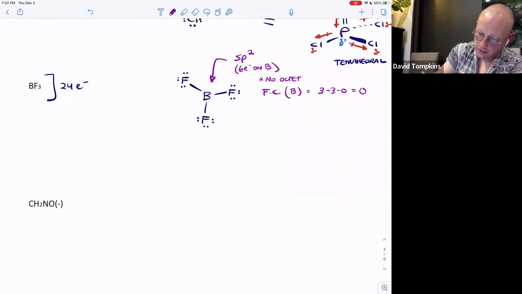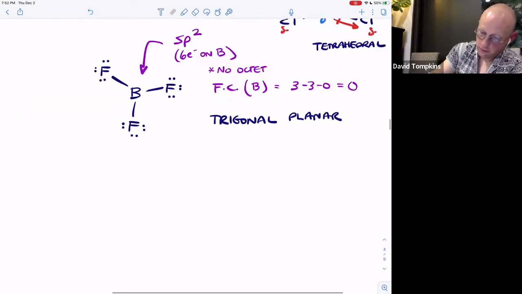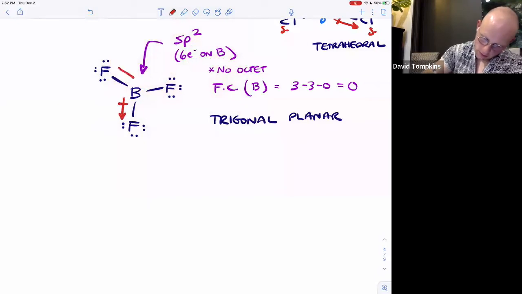The geometry of this atom, sp2, is trigonal planar, so it's fine just to draw it such that all the fluorines are in the same plane. You can just draw it with flat lines. And fluorine is way more electronegative than boron. So each of these bond dipoles points towards the more electronegative atom.